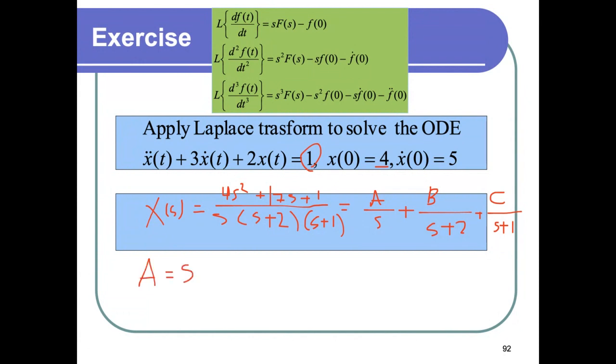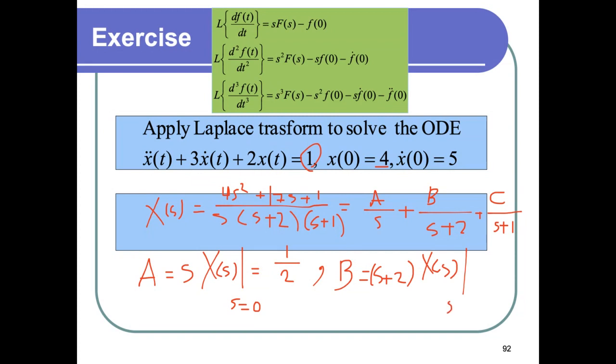It is s multiplied by X of s evaluated at s being equal to 0. Using this expression, you get 1 over 2, right? Similarly, B is s plus 2 multiplied by X of s evaluated at s equal to minus 2.